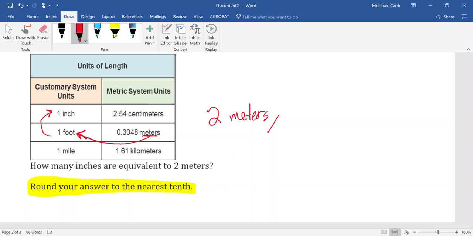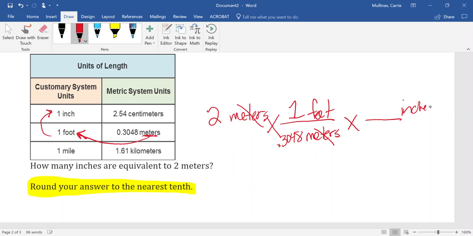So I'm going to start with canceling meters and going to feet using the unit rate that 1 foot is equal to 0.3048 meters. And then I need to go from feet to inches. So I need to put feet on the bottom, and I need to know how many inches are in a foot.